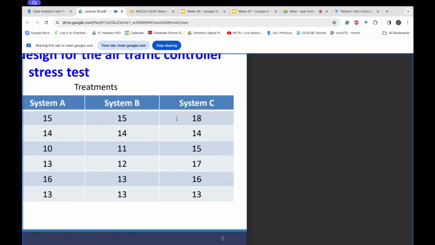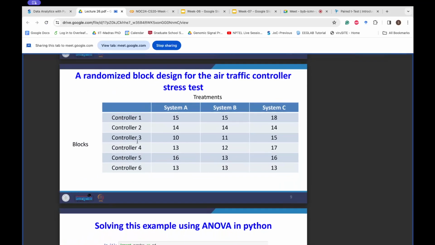So here is an example. Say you have three species of fishes, and you have been given only the lengths of those fishes. One-way ANOVA would simply test the difference in the groups, whether the three species have different lengths.